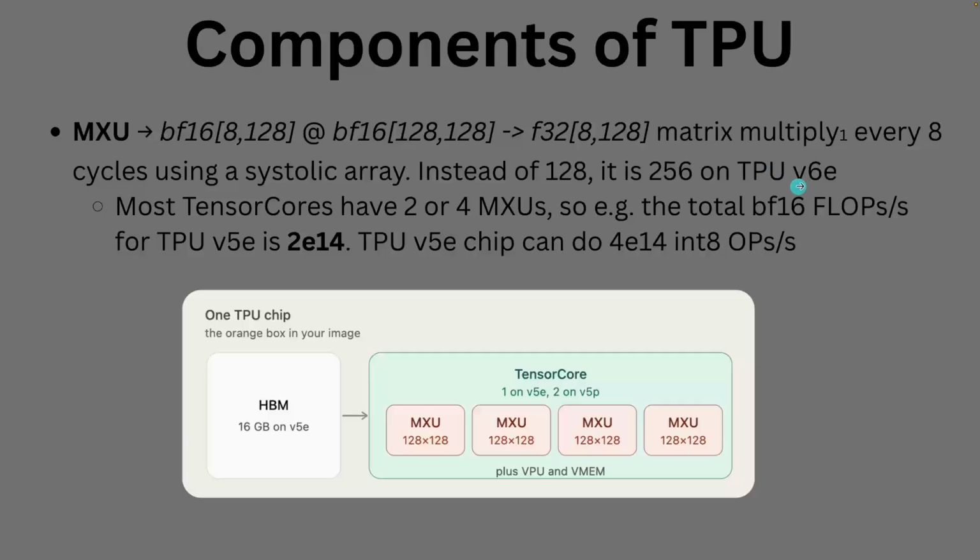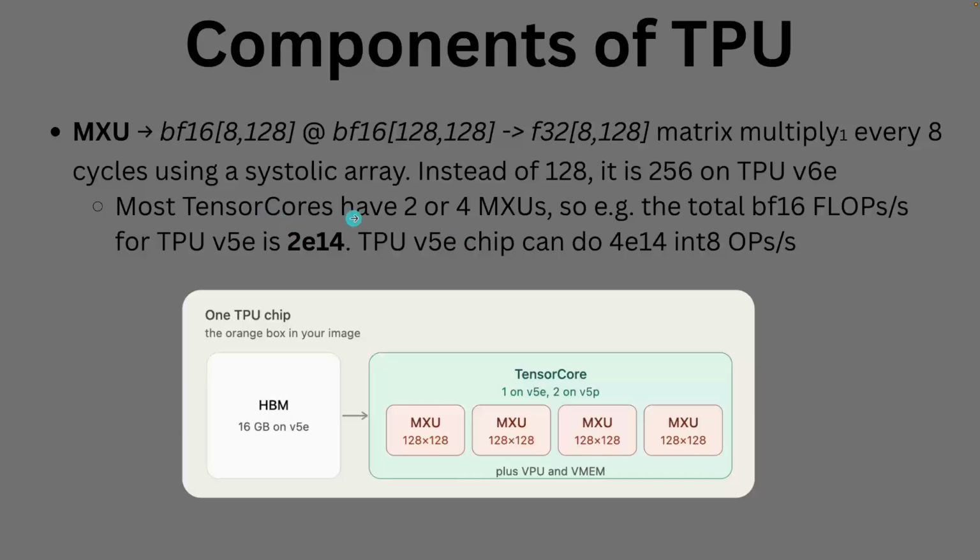In later generations like TPU v6e, this 128 has been increased to 256. So if your matrices are not a multiple of 128, for example when you shard a matrix and the last shard has a dimension of 64 instead of 128, we need to pad them to 128 so that you can use the MXUs directly.